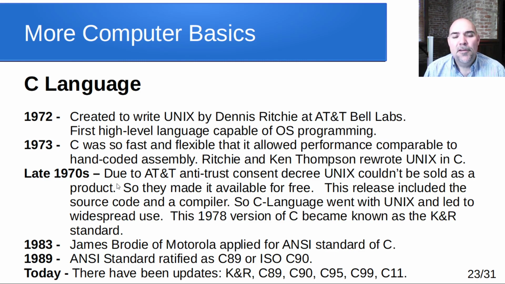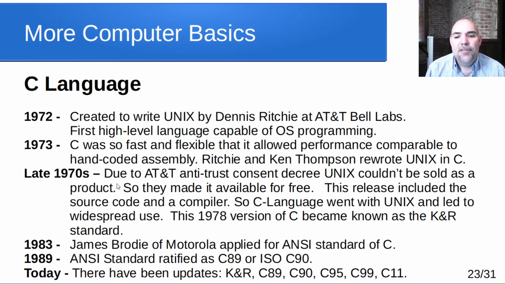But it was all completely free, and there's nothing that poor graduate students and computer science students love more than free stuff, especially when it's an operating system that comes with source code, so you can change it and modify it and do whatever you want with it and port it to whatever computers you have lying around. And so Unix spread around the country, and C language, because Unix was written in it, spread around with it.